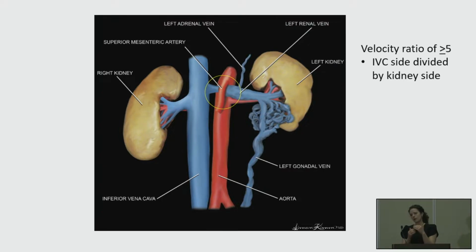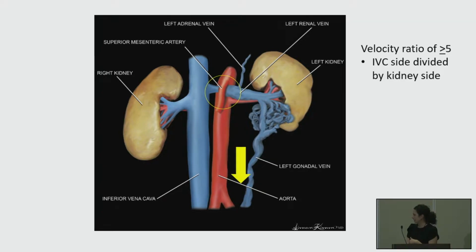If you have formerly known nutcracker or left renal vein compression, if you have a stenosis there, the blood can't leave the kidney, right? So what it wants to do, because blood is lazy, is go the path of least resistance. So then it's going to drain down to that left gonadal vein, and those veins around the uterus and ovaries are going to start to form.